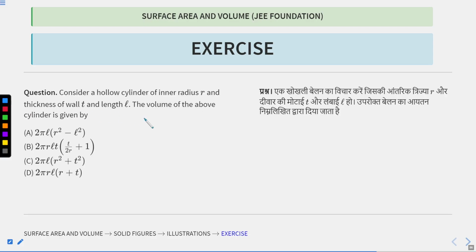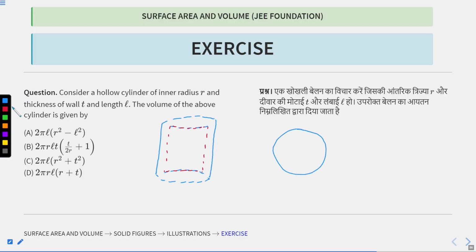First of all, understand the question. We have a hollow cylinder. This is what my hollow cylinder will look like. Because it is hollow, from the top view, this is my outer cylinder and this is my inner cylinder.